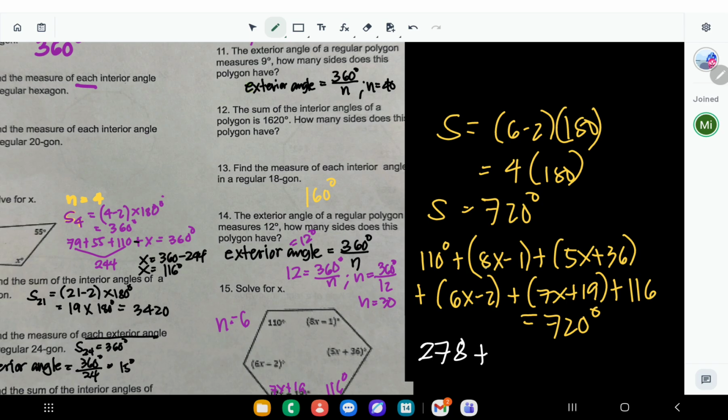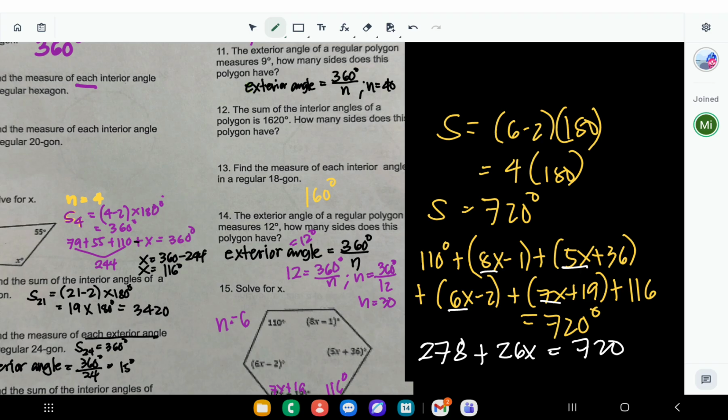Plus all of the like terms with the x variable. So that is 8 plus 5 plus 6 plus 7, 26x equals 720. Yeah? Do we get the same thing?